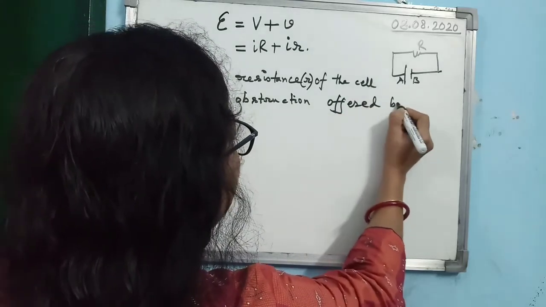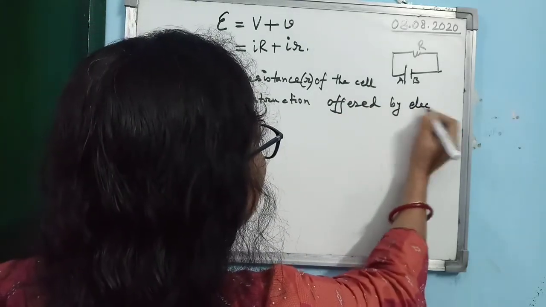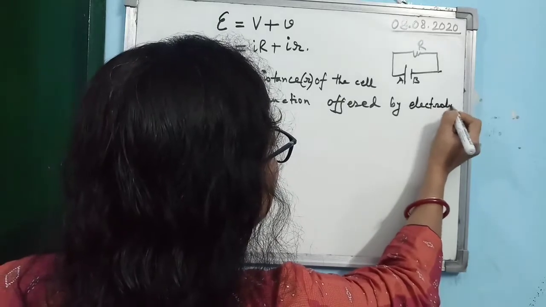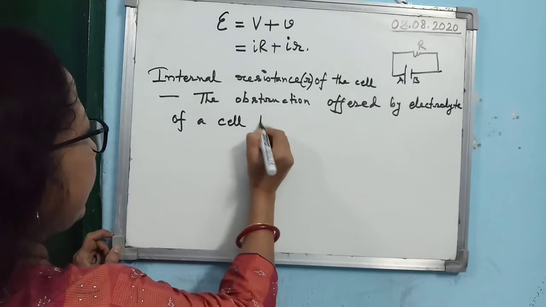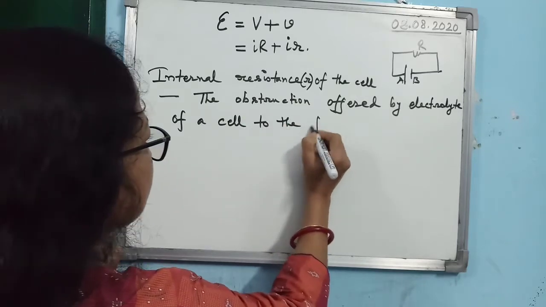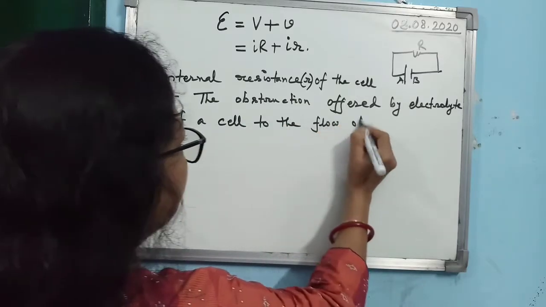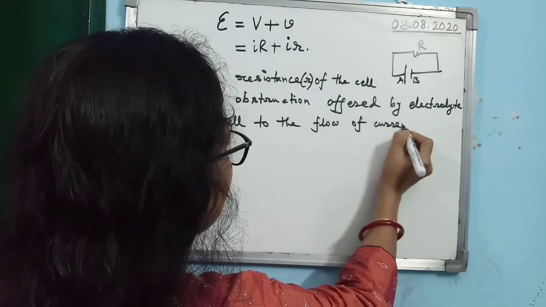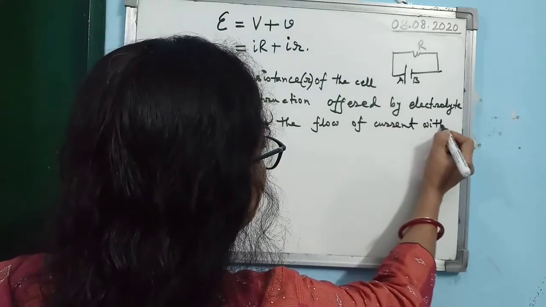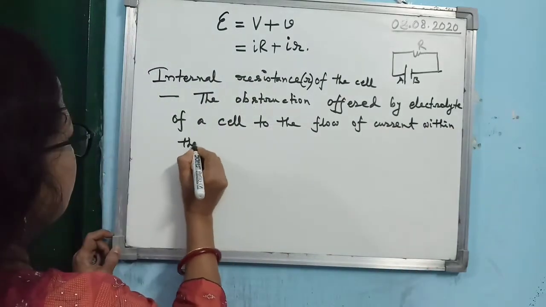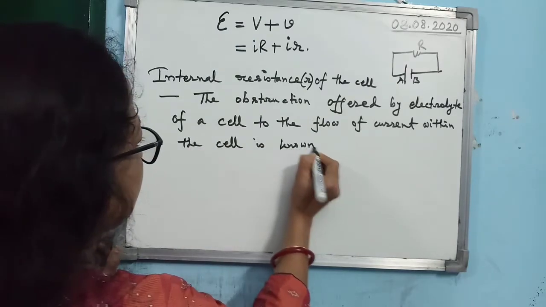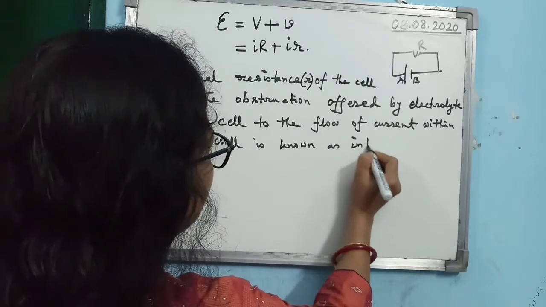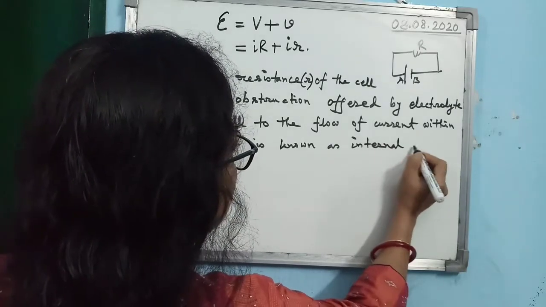The obstruction offered by the electrolyte of a cell to the flow of current within the cell is known as internal resistance.